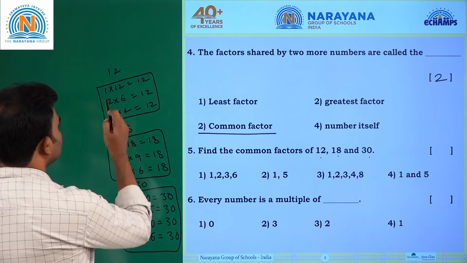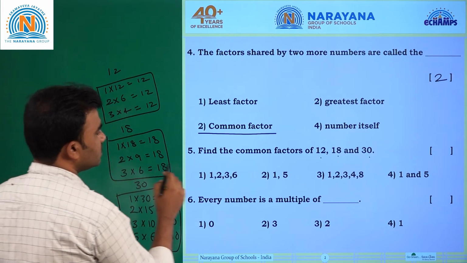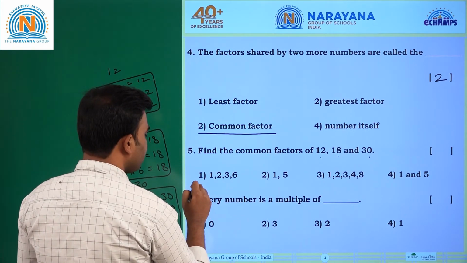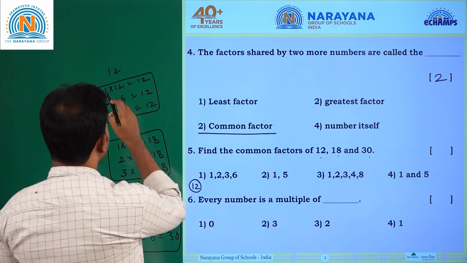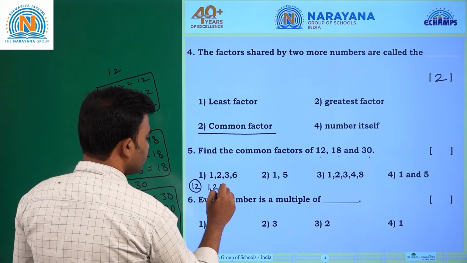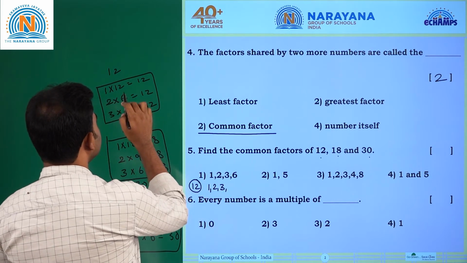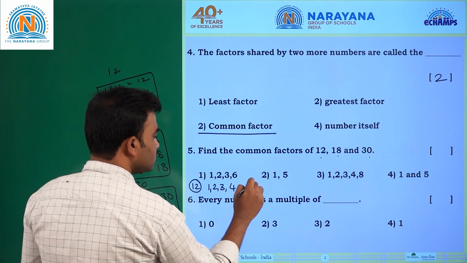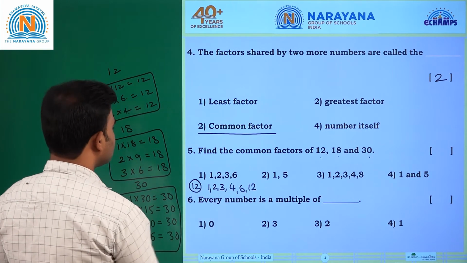Now, just write only the factors. Factors of 12 are 1, 2, 3, 4, 6, 12. These are the factors of 12.